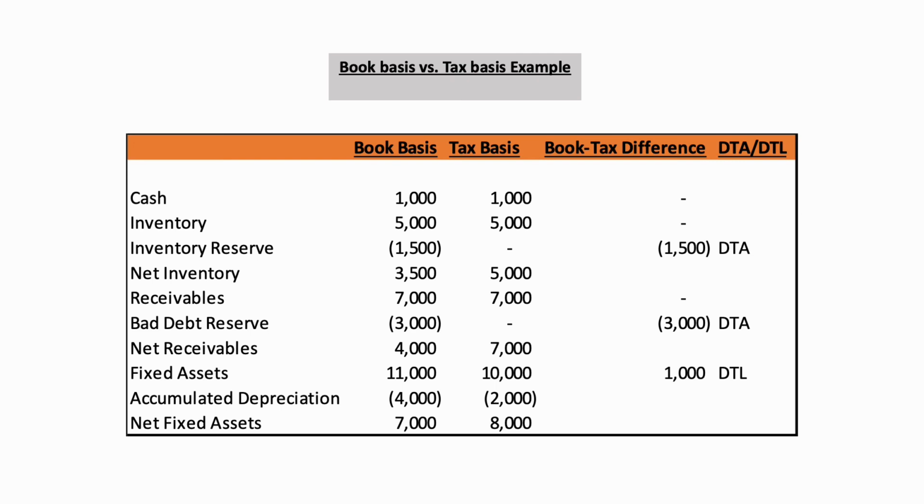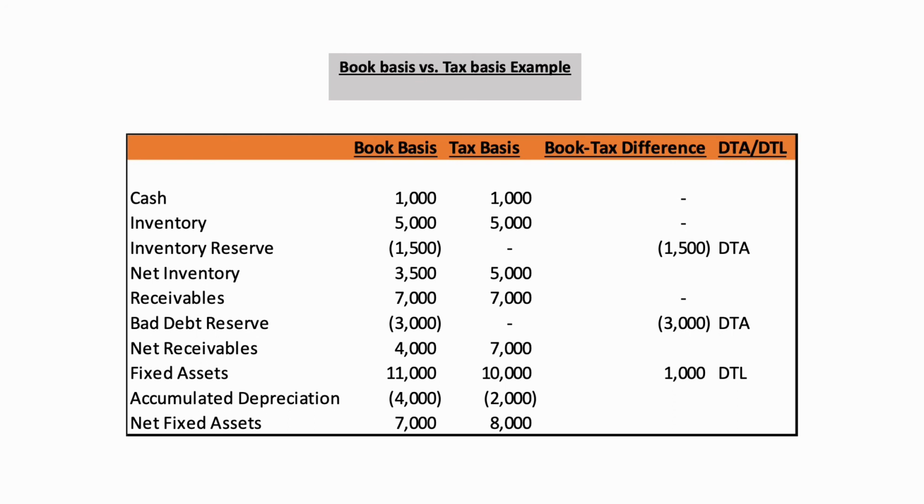And then for an example of deferred tax liability, you can see the book basis has a higher fixed asset value compared to your tax basis, which means that there is a basis difference of 1,000 between book and tax. When you multiply it by your depreciation rate and the tax rate, that would be the amount of deferred tax liability that this difference is creating.